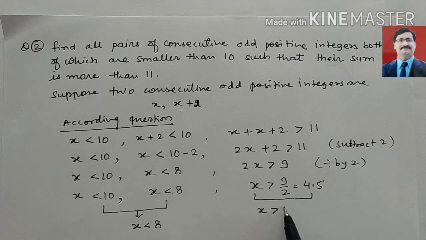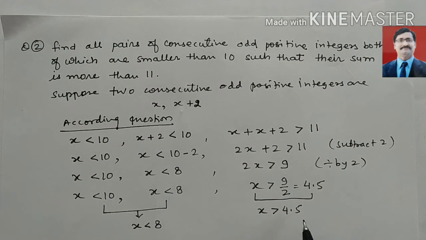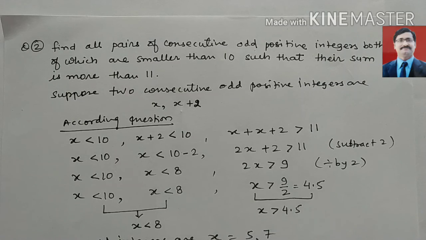Between these we have to write the odd integers. Greater than 4.5, the odd number is 5. So x may be 5, then 7. Then 8, 9 are out. So we can write here 5 and 7 only.